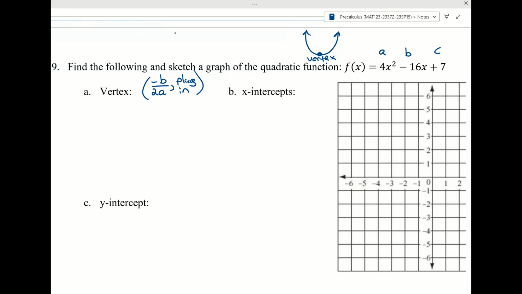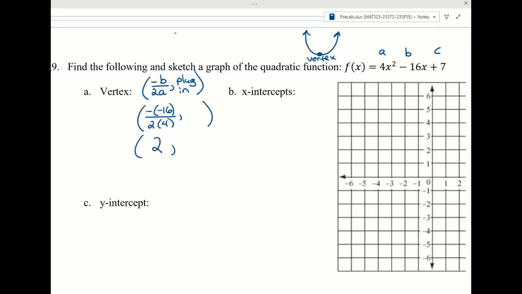So let's figure this out. First step, we're going to take the opposite of b divided by 2a. 16 over 8 is 2. That's the x value of the vertex.